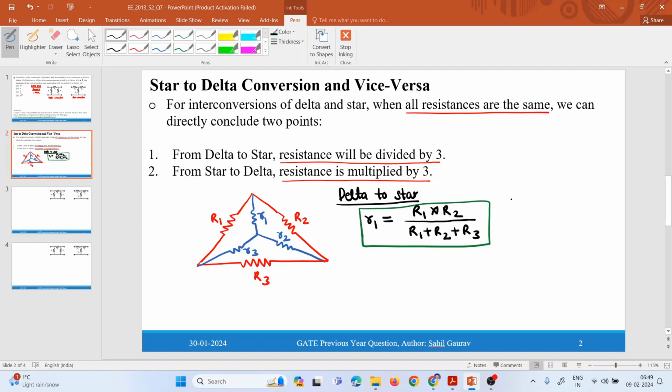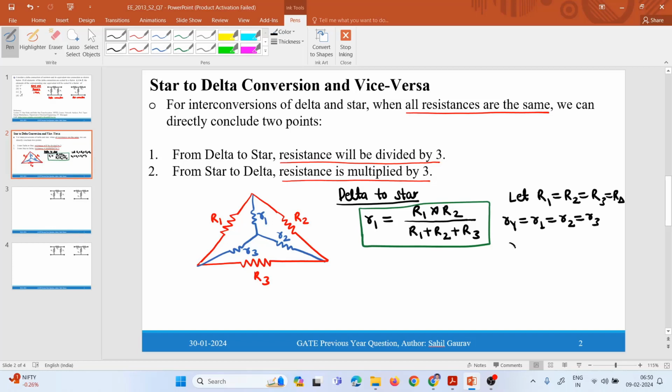Now let R1 equal R2 equal R3 equal R delta. In that case, if we find r1 and take it as R star, all the resistances will come out equal, R star equal to r2 equal to r3.